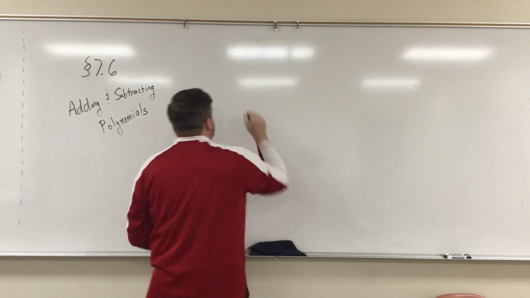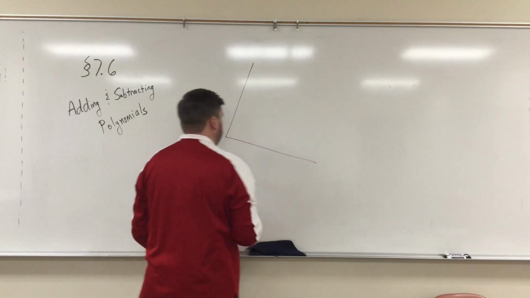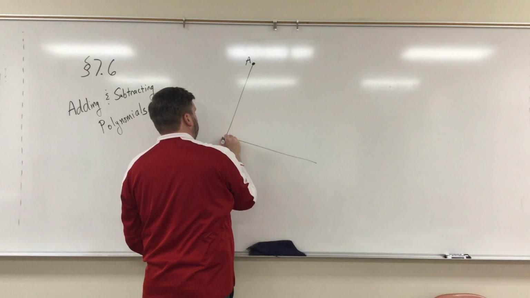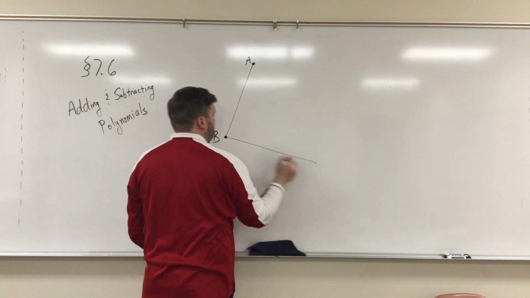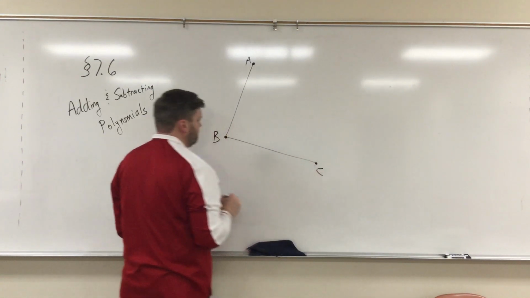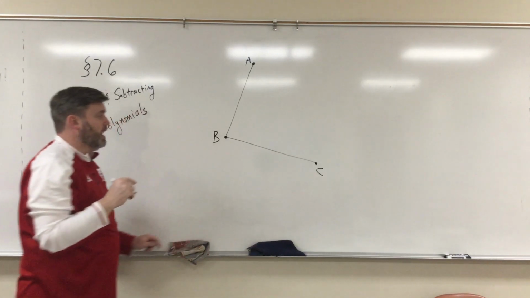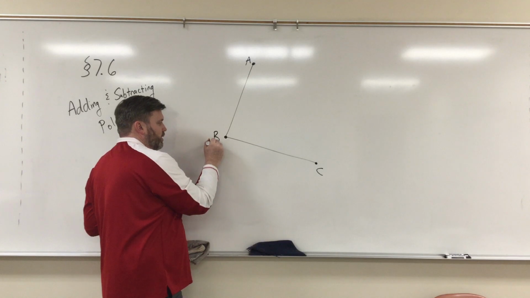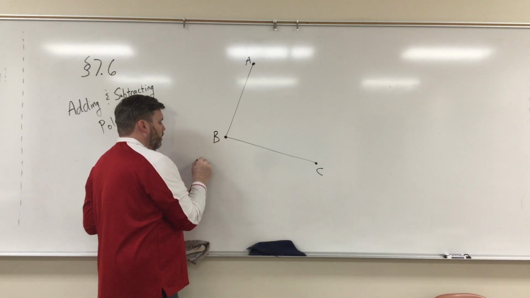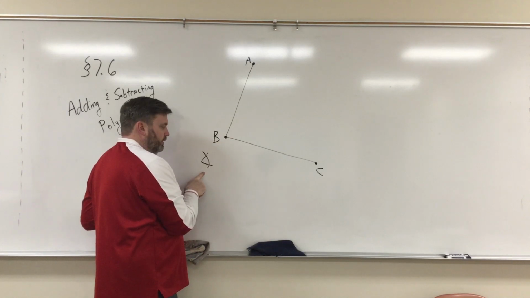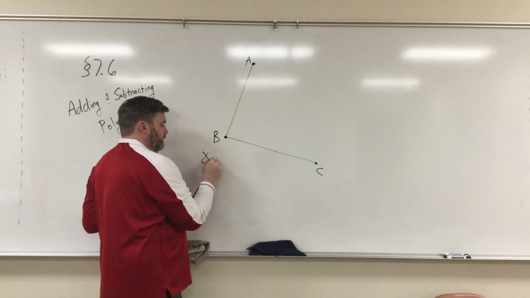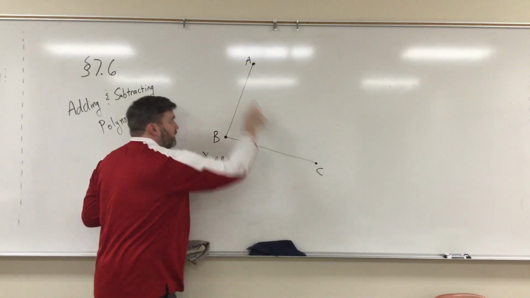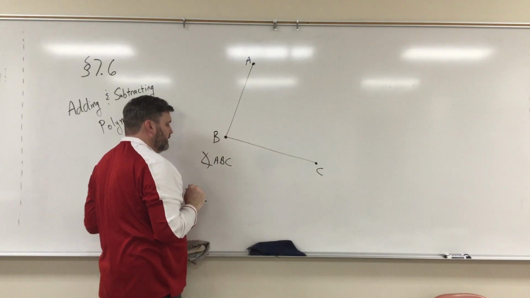Let's take an angle and label these points A, B, and C. Now, in geometry, next year, you could call this angle B since it's the only angle there. Or you could call it angle ABC, because if you go ABC, you make that angle.